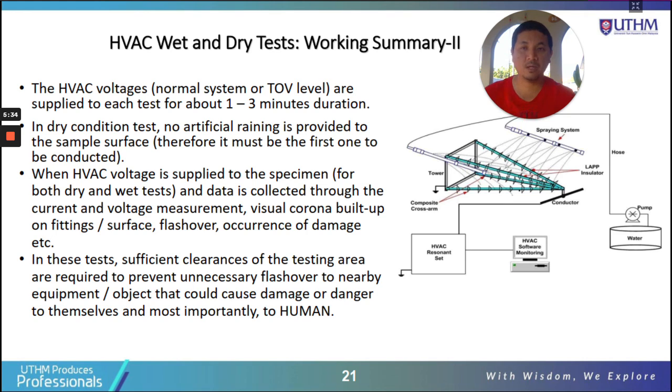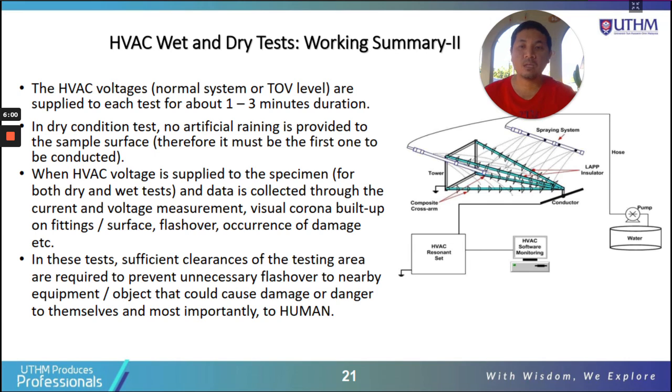We measure the voltage and the leakage current, the current going to the ground, and we perform visual inspection as well. We monitor visually for any corona, flashover on the surface, any damage on the surface, and so on.